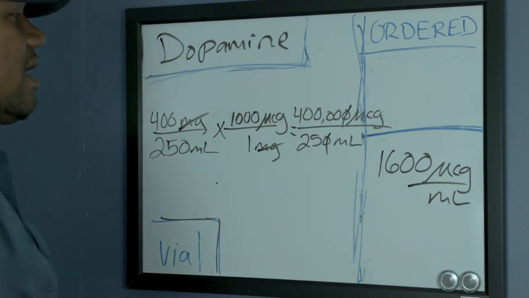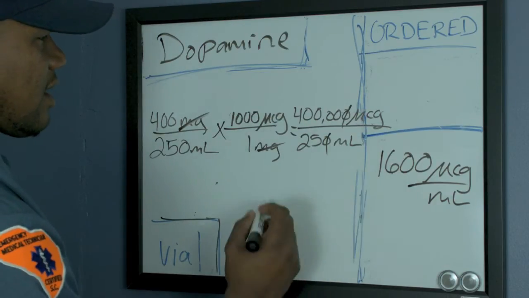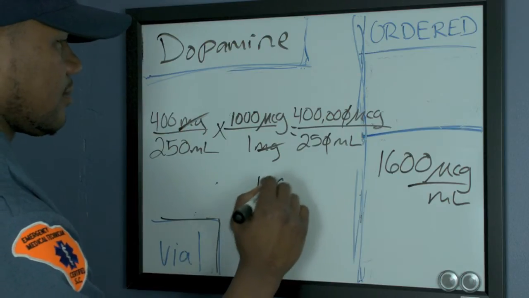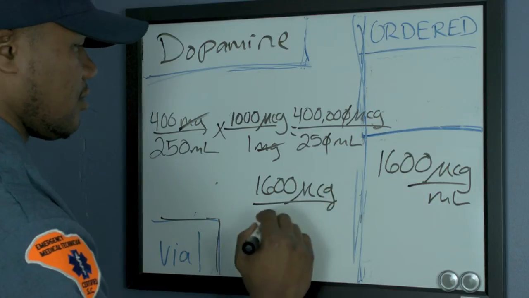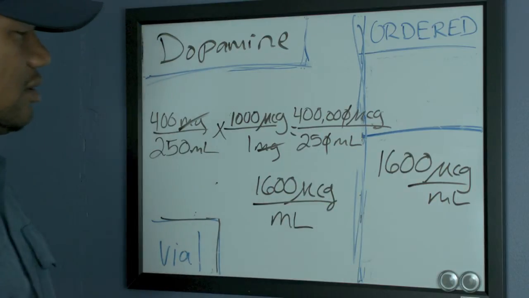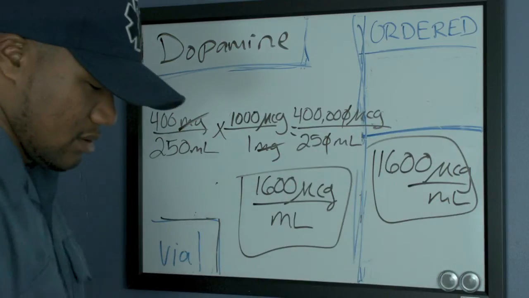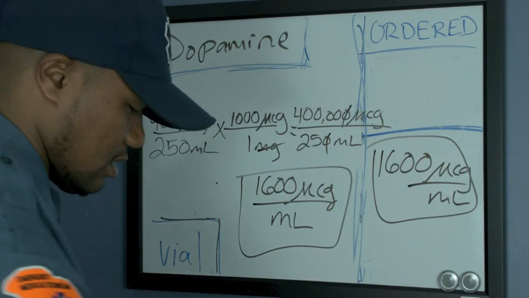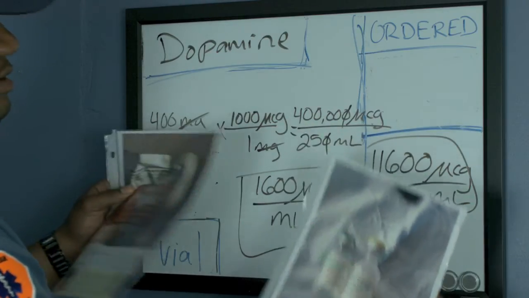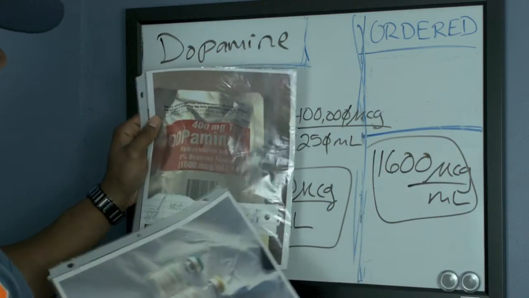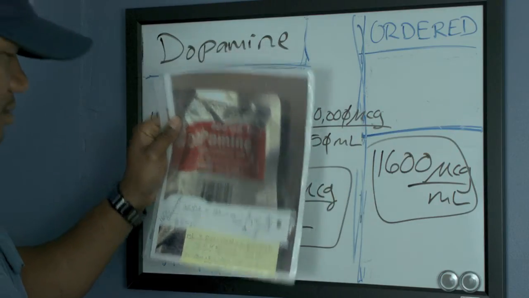Well, once you do the math on it and you divide 40,000 by 25, you get 1600 micrograms per milliliter. Okay? That means that this vial inside of a 250 cc bag is the exact same as this pre-filled bag. Okay?